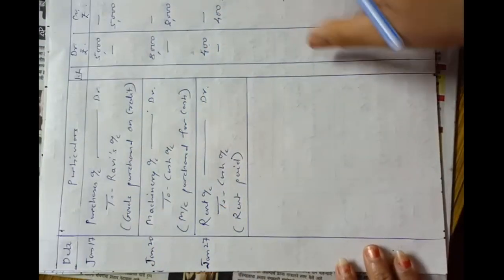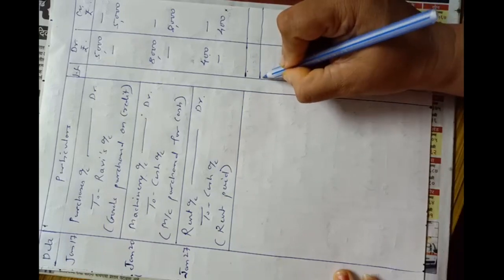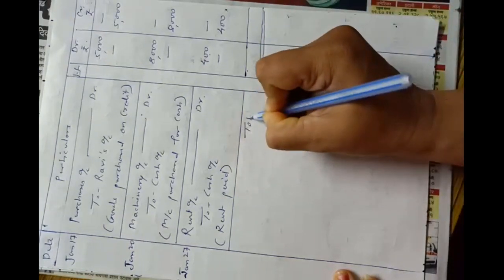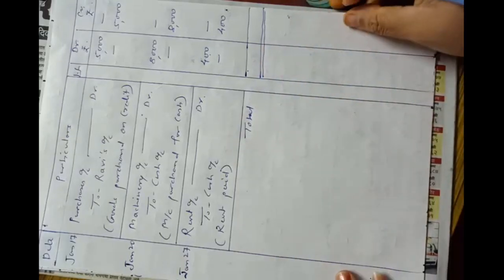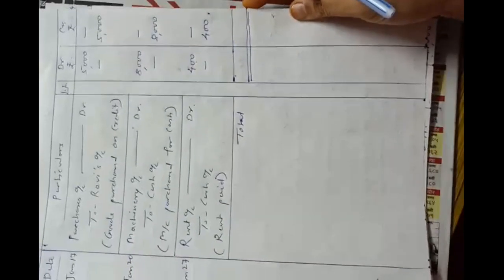So we have completed our entries. Now we have to tally the journal. Total, we will write total word here. And now we have to make total of debit column amounts, and we will write the amount here, total amount of debit column, and total amount of credit column will be written here, and the amounts should be same if we have debited the correct account and credited the correct account.